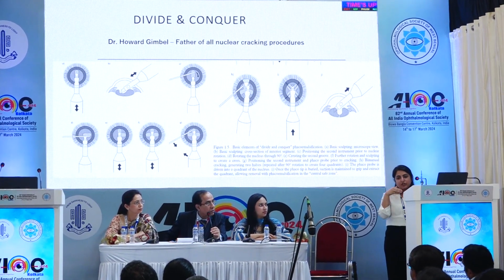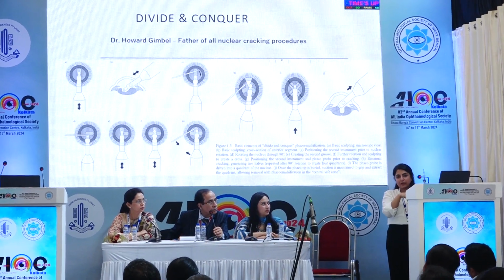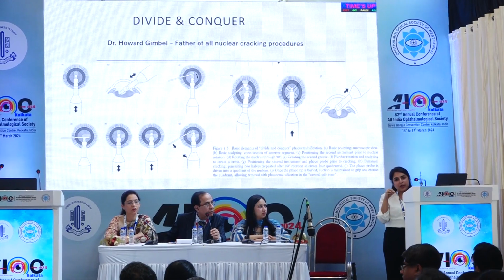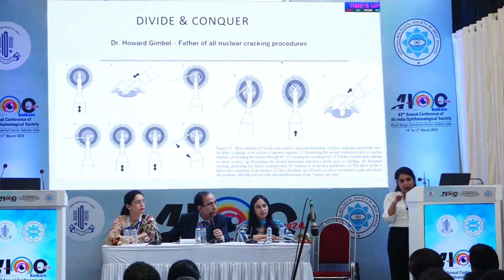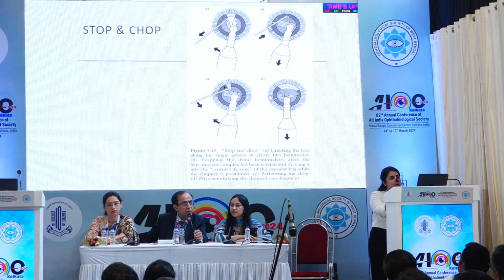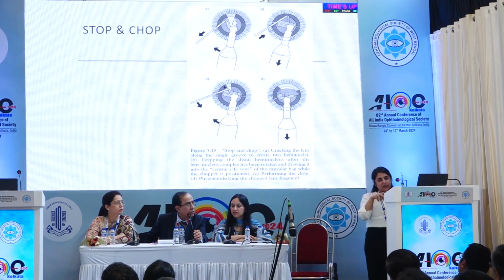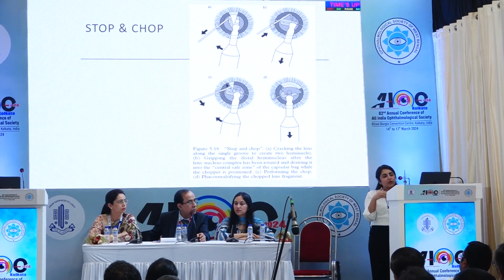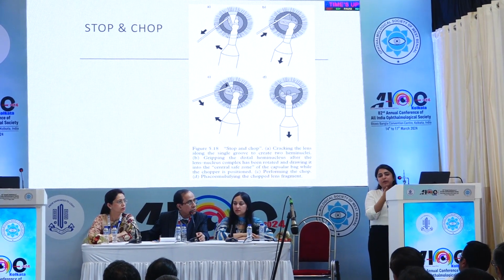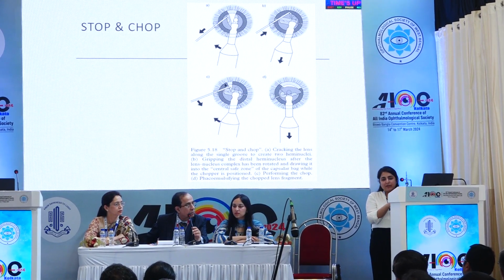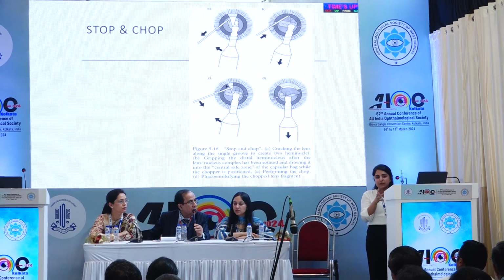When we are trenching, the rough formula I've given, grade of nucleus into 15 plus 25, could be used. Once you've trenched, you crack the nucleus and then you rotate it. And once you have the 2 heminuclei, you start chopping them. There are different ways of chopping, horizontal chopping and vertical chopping, and the power setting doesn't really vary in horizontal and vertical chopping.